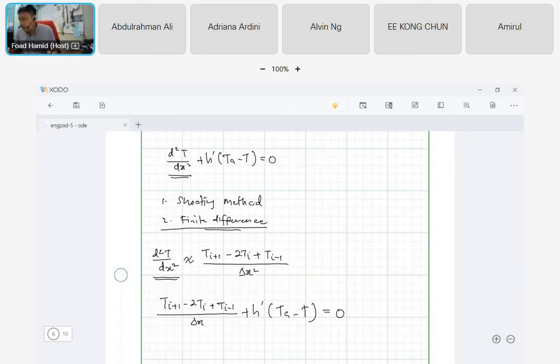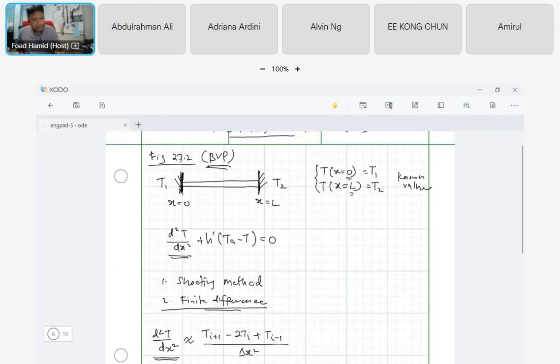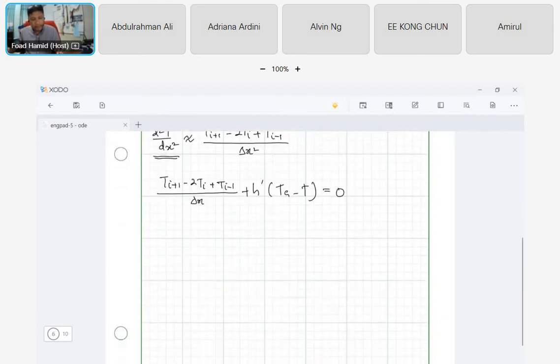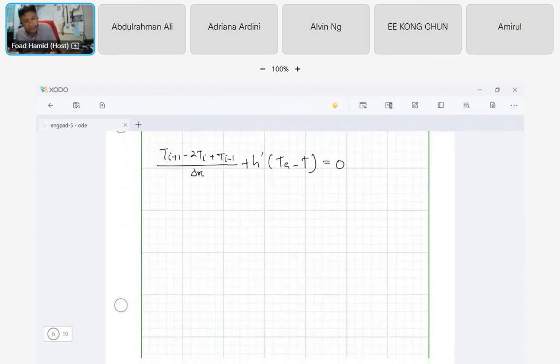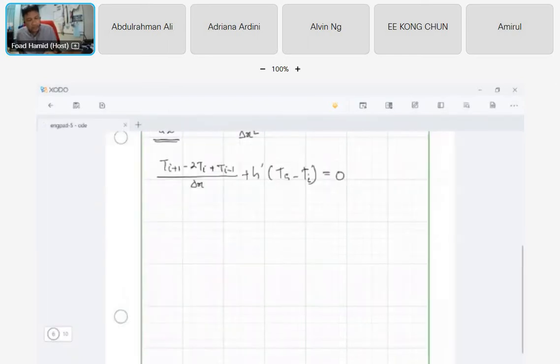It should be T a minus T. Oh, okay, that's correct, never mind. So this is T i. Let's define what h prime is. H prime is the material property, which is 0.01. And T ambient, T a, is 20.